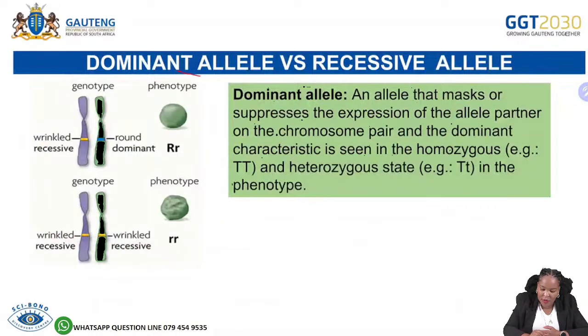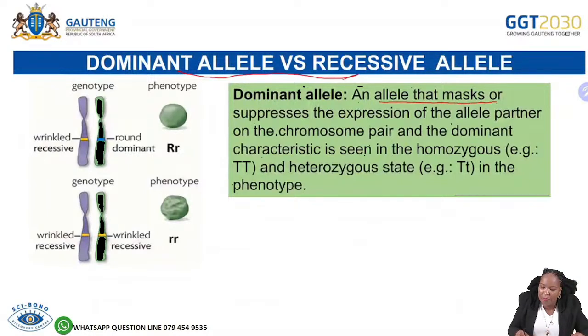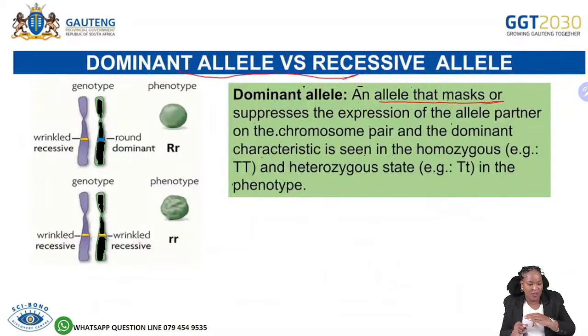Dominant versus recessive. When we say something is dominant over the other, sometimes at the back of our mind, we think of something that overpowers, overshadows. But let us take a look at the scientific or biological concept that we are discussing here. We say an allele that masks, it will cover. If something is dominant, it will come on top.